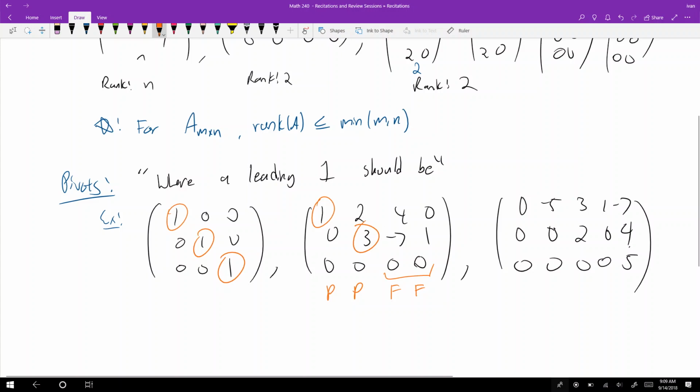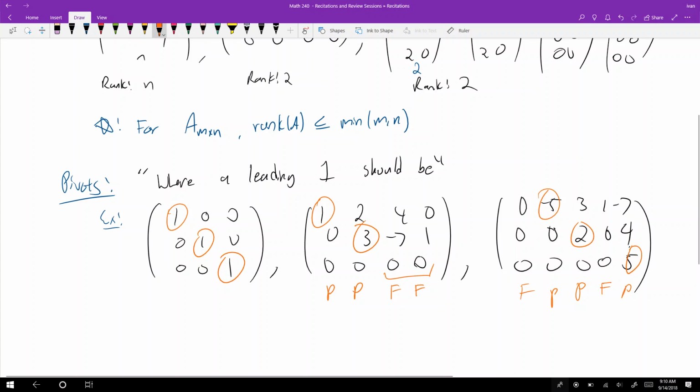Yell the numbers out. -5, 2, and 5. So those are where my pivots are. These are going to be the pivot columns because they have the pivots. And so we write P underneath that matrix, and the 2 columns that don't have pivots are going to be the free columns.